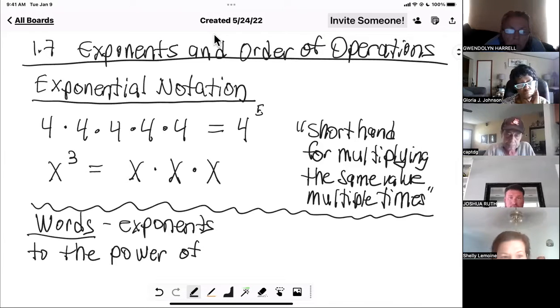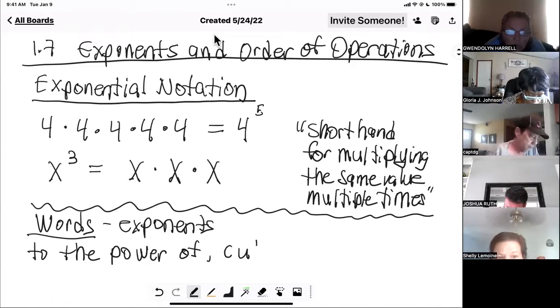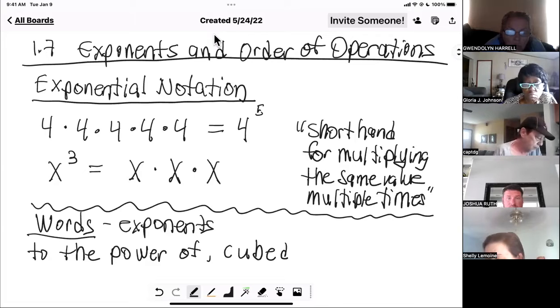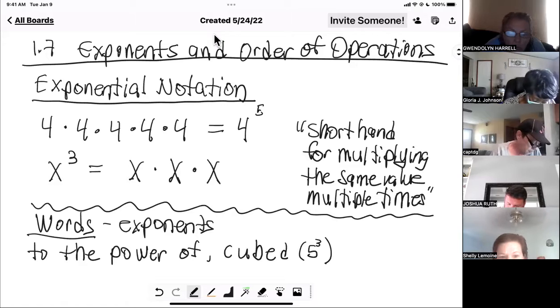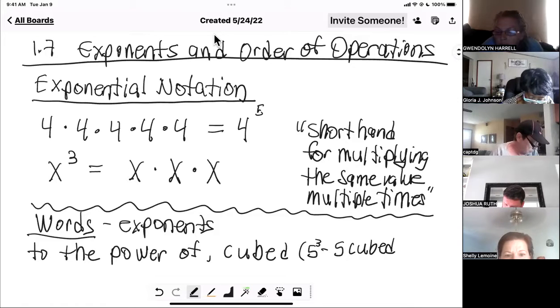If I say 5 to the power of 4, that would be 5 to the 4th power. That would be something like 5 squared, which is also called, well, 5 to the 3rd power, sorry. That's called 5 cubed. Okay, this is 5 cubed. It means the same thing.